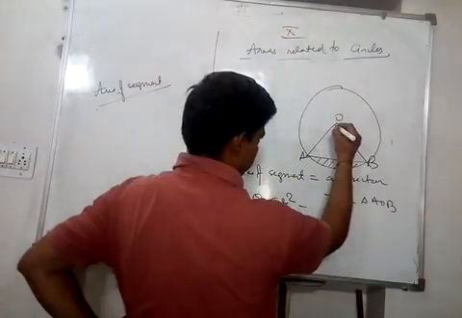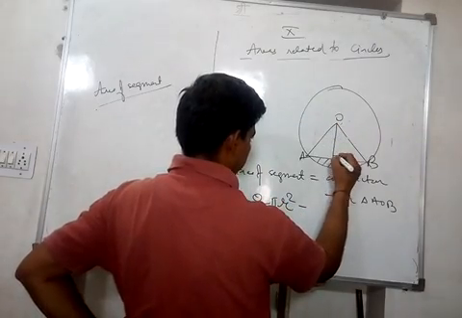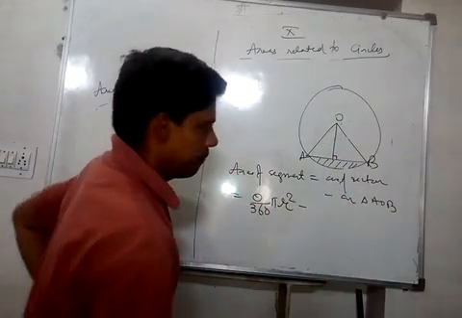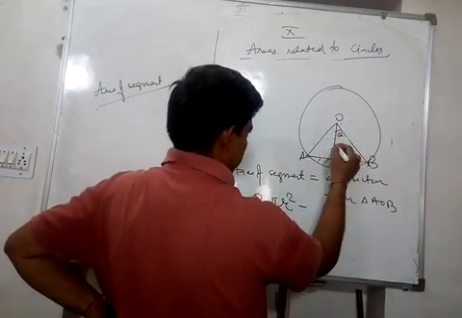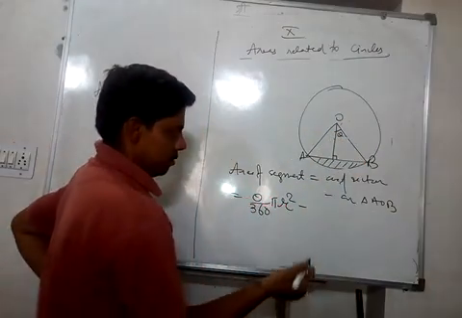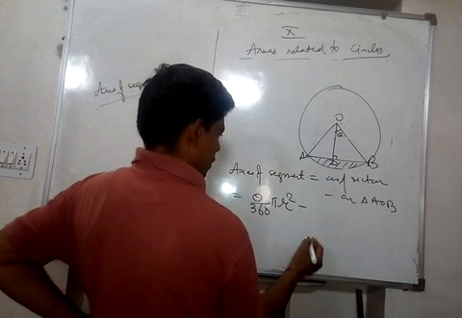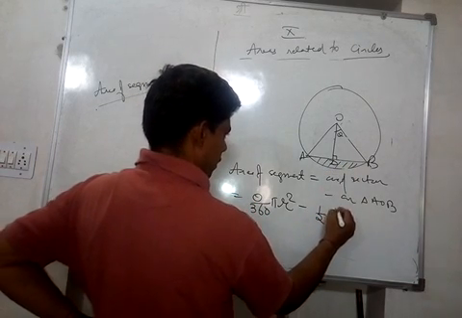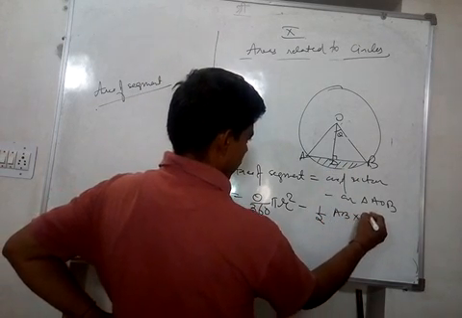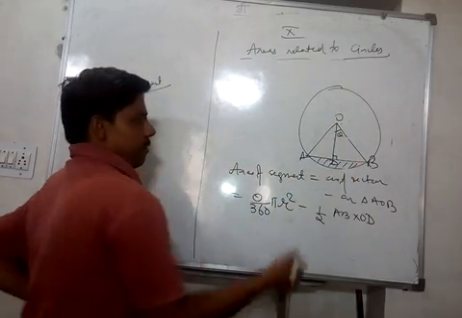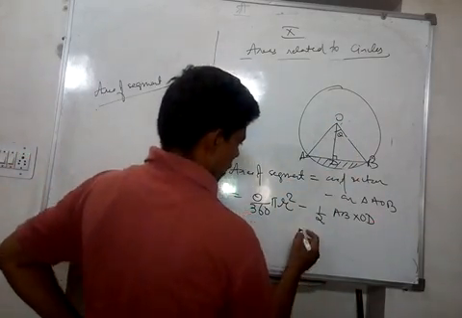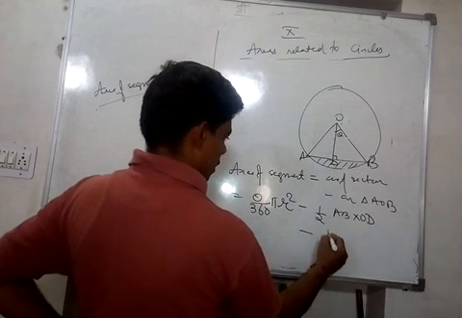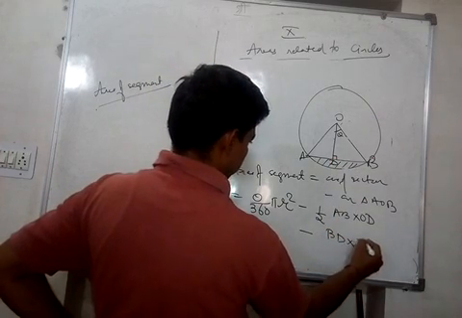Now area of triangle we can find a formula by putting a perpendicular. So suppose this angle is theta and these two triangles are congruent. So let this be height. Area of triangle is half AB into OD. Now half AB we can write as BD. So this is BD into OD.